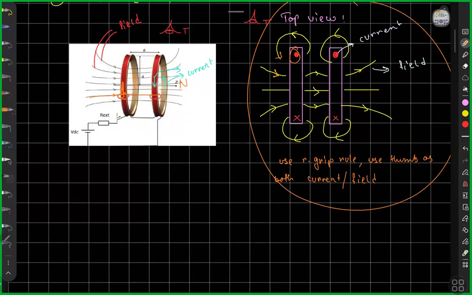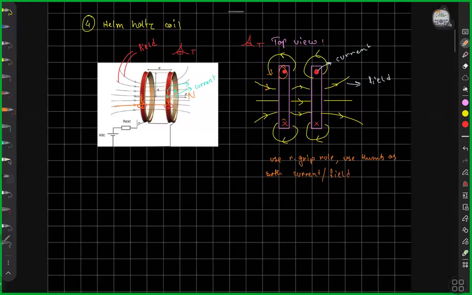No problem. Now, same with over here, going into the page. I have clockwise magnetic field. So basically, this is the downward current over here. Okay, so into the page. So all you're doing is mapping your right hand grip in the direction of current and finding the field out.